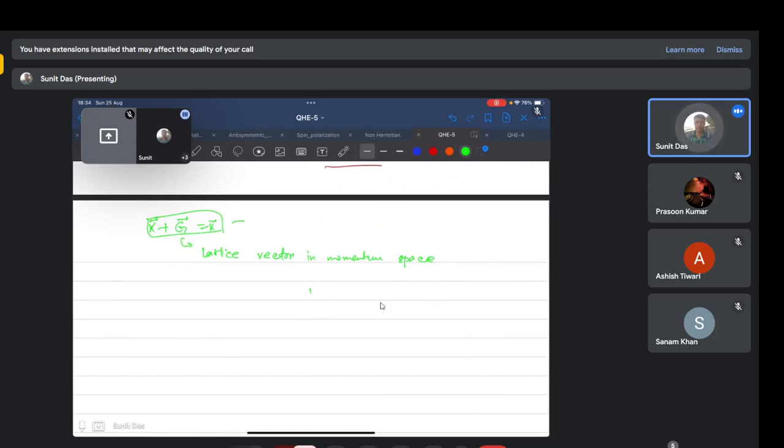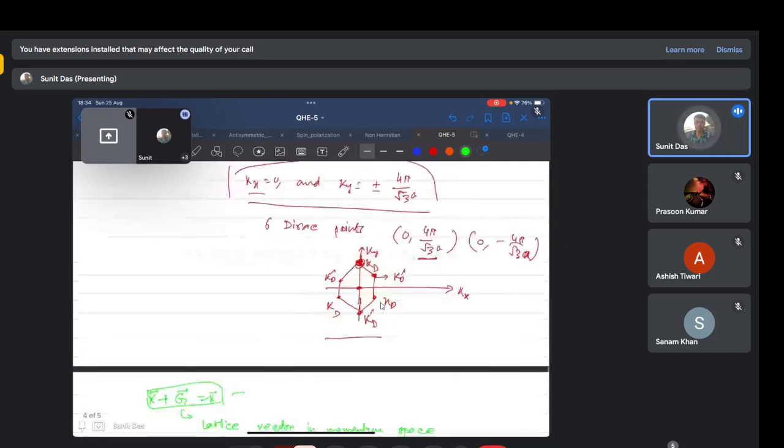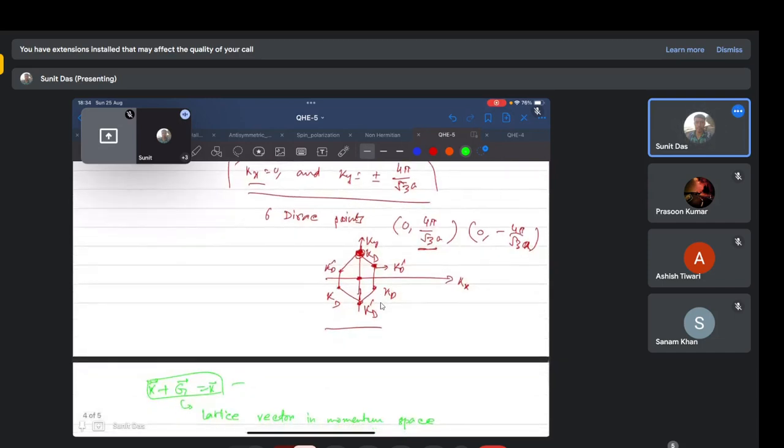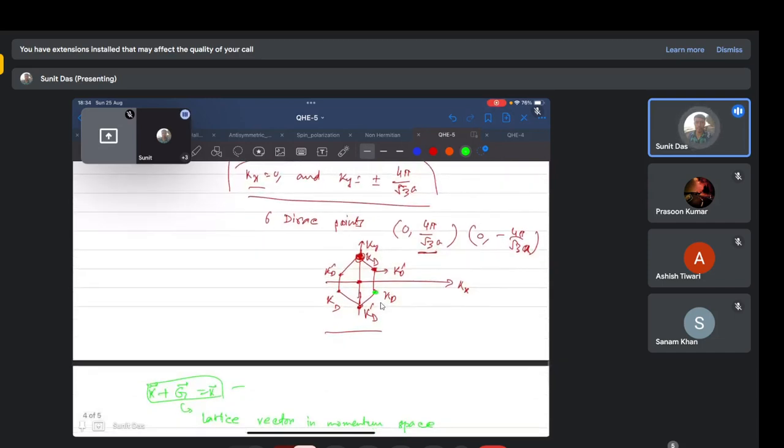What we mean by that is that for kd, you cannot have some g which will give kd prime. This is not true actually. But for other Dirac points, if we focus on this Dirac point kd, let's say 1, you will have some g.